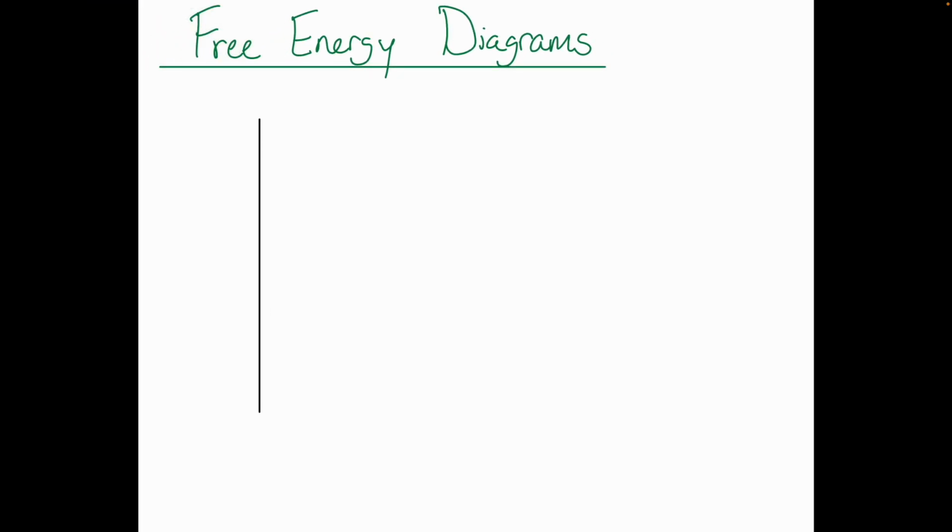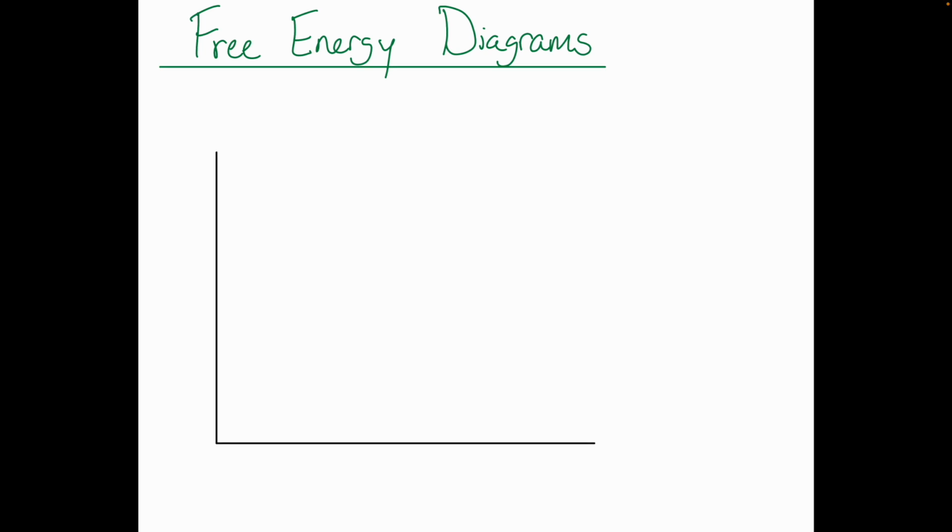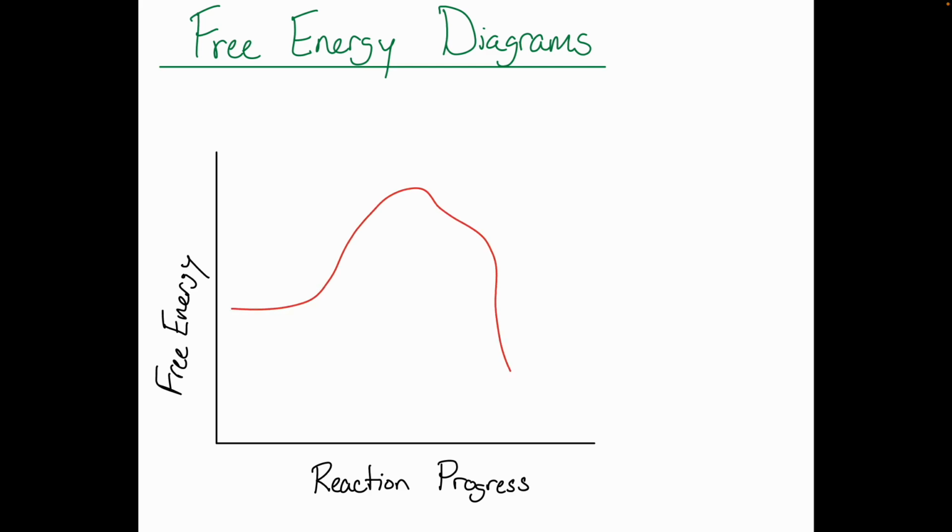Okay, so we're going to create this little graph here, where on our y-axis we have energy, or more specifically in this case, free energy. And on our x-axis we have our reaction progress.